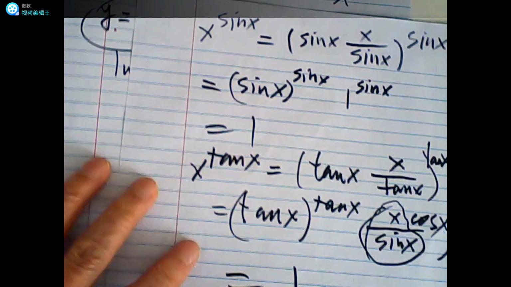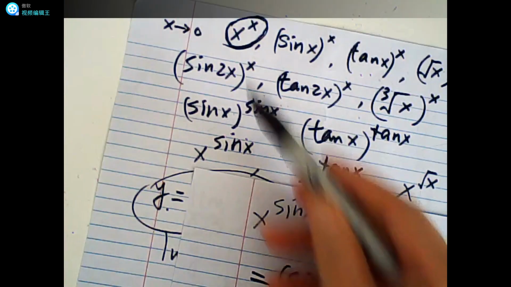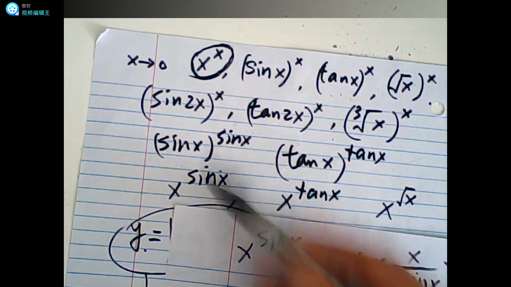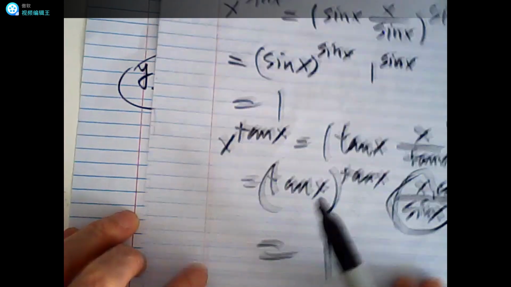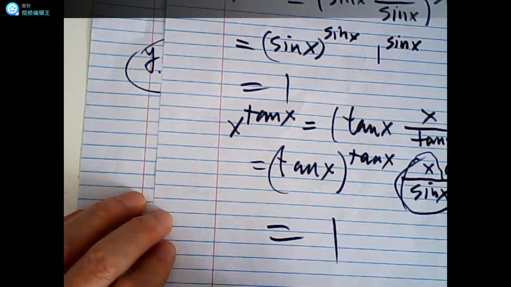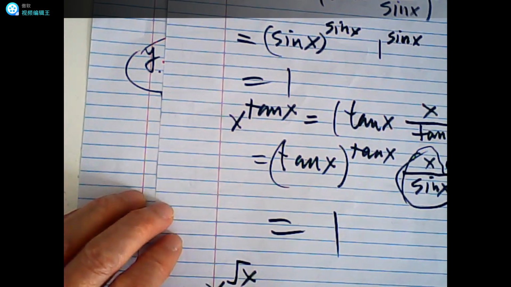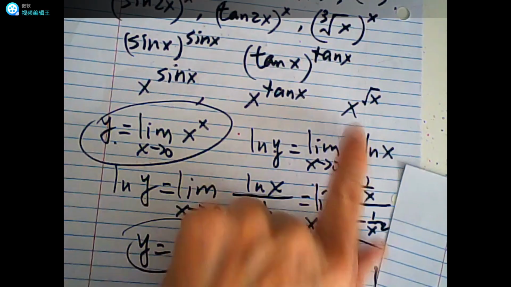You know, what I meant is that by knowing this basic formula, all these limits could be done very easily. And what else? How about this one? X to the power of x. X to the square root. Okay, that's the one.